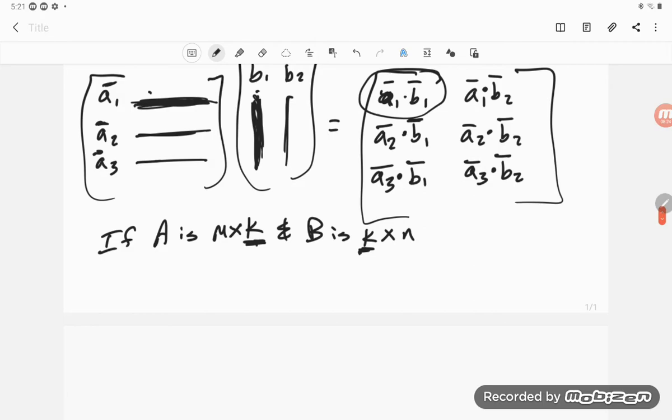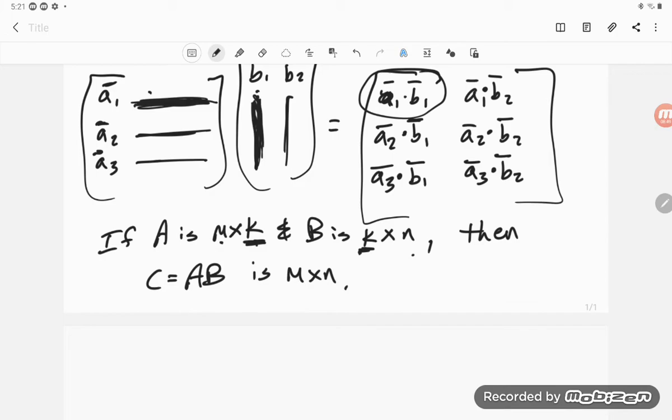And so if we have that, then the product AB, so maybe I'll say C is equal to AB, is M by N. Okay, the number of rows of A and the number of columns of B.